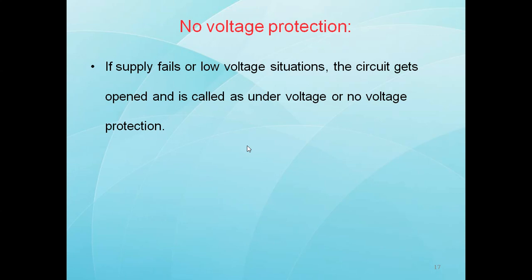If supply fails or in a low voltage situation, the circuit gets opened, and this is called under voltage or no voltage protection. That means if the voltage is low or the supply is suddenly off, then also the motor is stopped.